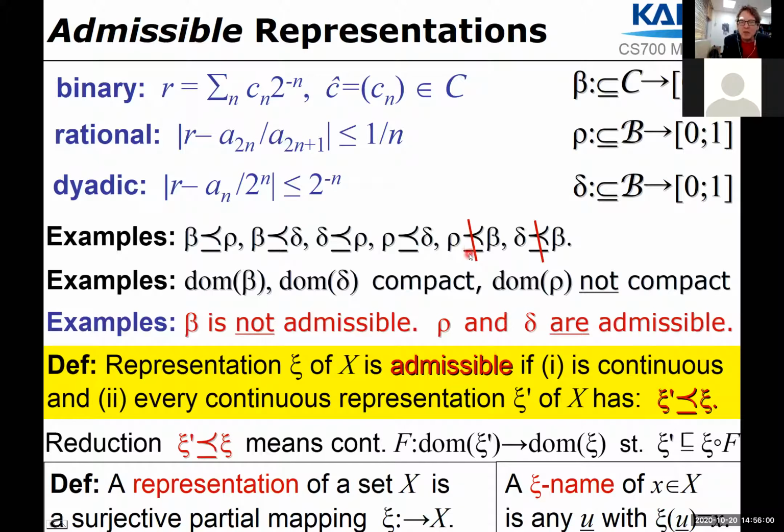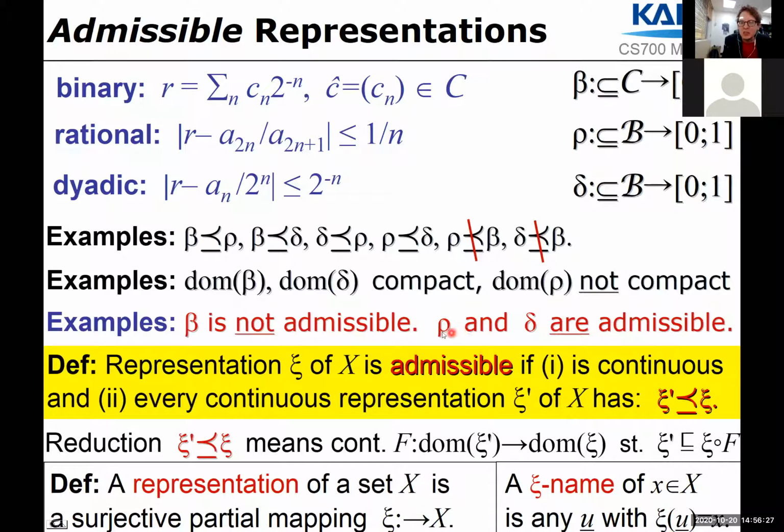Namely, we already know that the rational representation is not reducible to the binary representation, and the rational representation is also continuous. All three representations are easily seen to be continuous, so the binary representation lacks this universality, this maximality property, and therefore is not admissible.